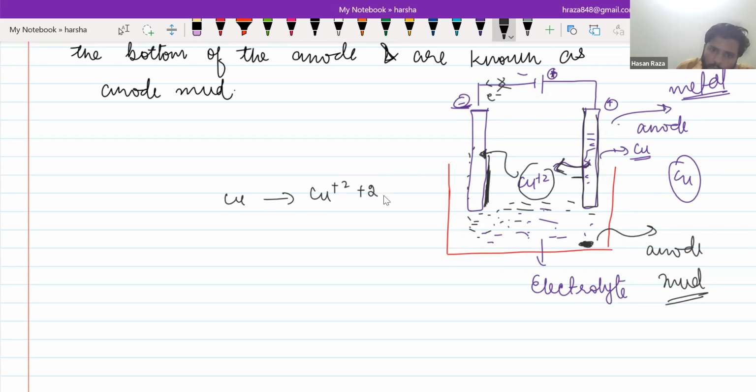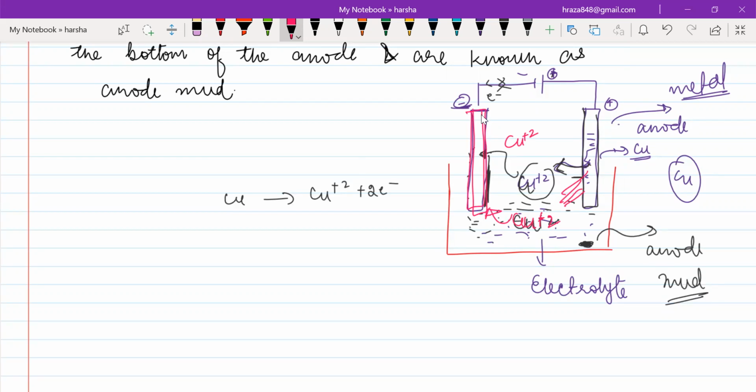It will lose two electrons and come into the solution as Cu+2, continuously falling from here. Now you can see this is the negatively charged electrode. You know that opposite charges attract each other. So Cu+2 will go and stick onto this cathode, this electrode. Are you getting my point?